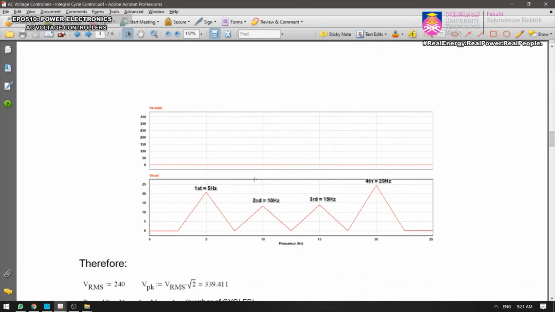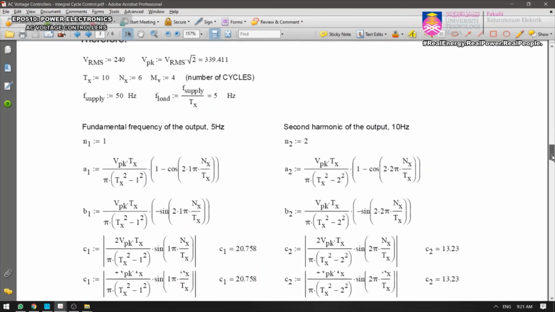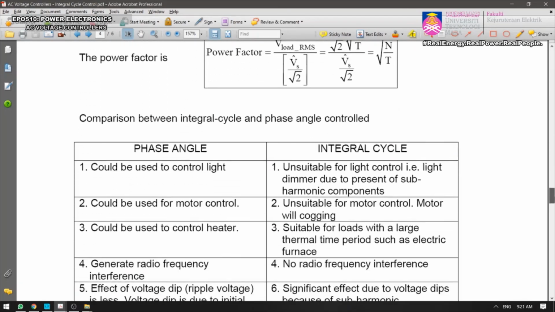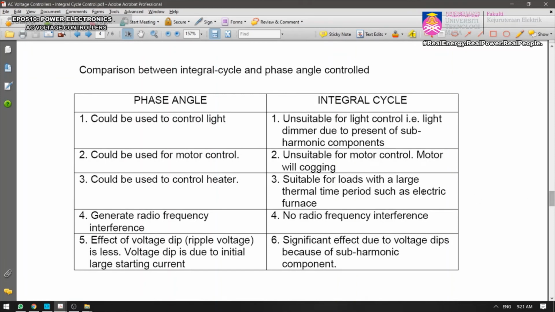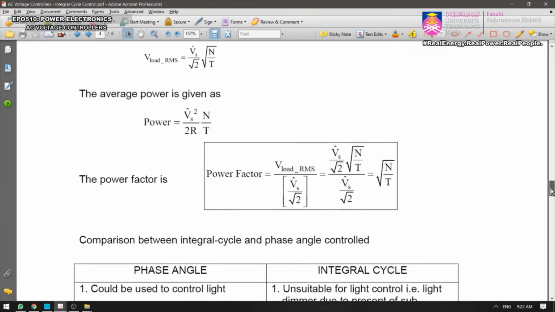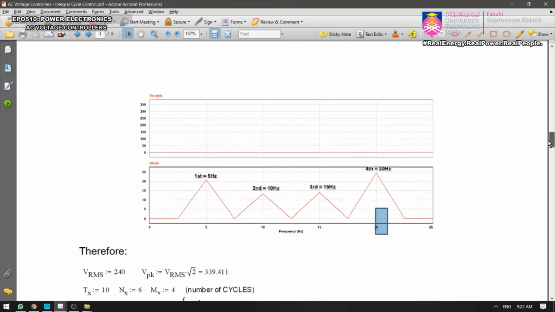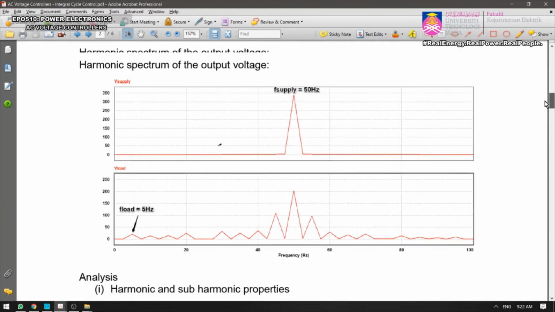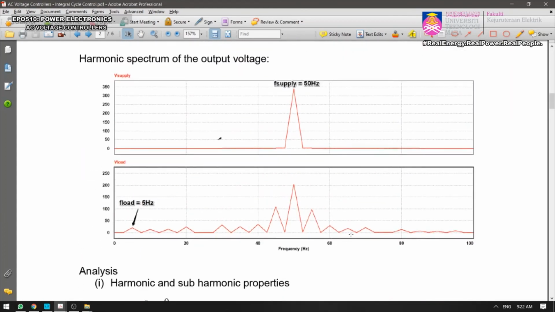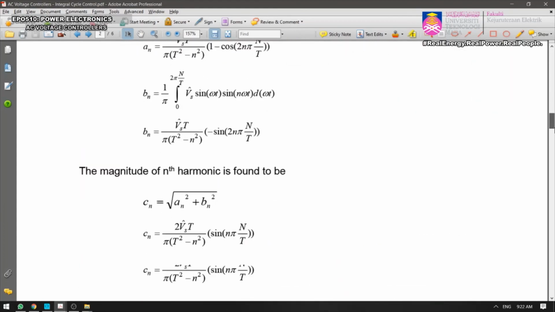Okay, all this is subharmonics here. Second, fourth, these are known as subharmonics. It could be used for motors, but is unsuitable for motor control because of motor cogging. Again, because of this, we can see that there are different frequencies as well as a lot of harmonics for the output.